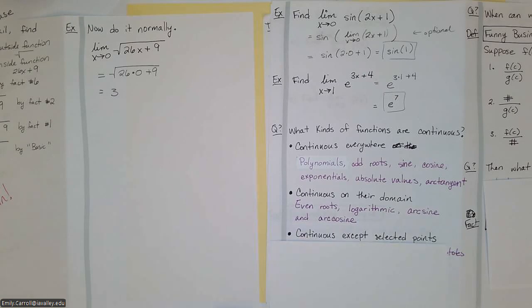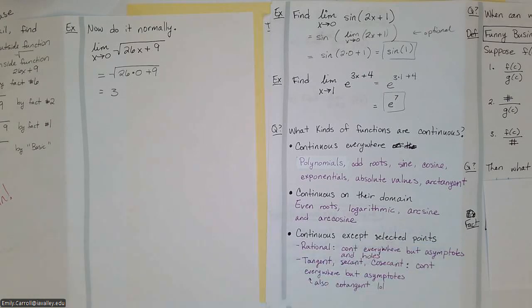And then I'm going to call these ones continuous except at selected points. So there's just some little nitty-gritty points that have to be removed in order to say that these functions are continuous. Your rational functions are going to be continuous everywhere except for where they have either an asymptote or a hole, removable discontinuity, same thing.